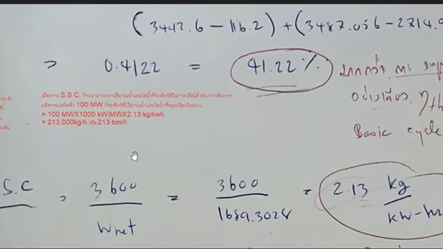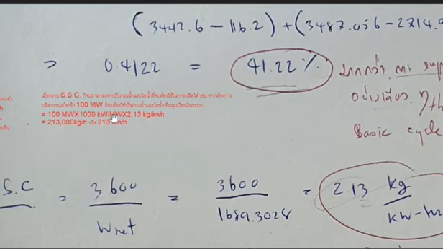For example, if we know the specific steam consumption, in this example 2.13 kilogram per kilowatt hour, and we want to build a plant that will generate 100 megawatt of power, then we can calculate the amount of water that needs to be circulated in that thermal power cycle by multiplying 100 megawatt with 1000 kilowatt per megawatt.